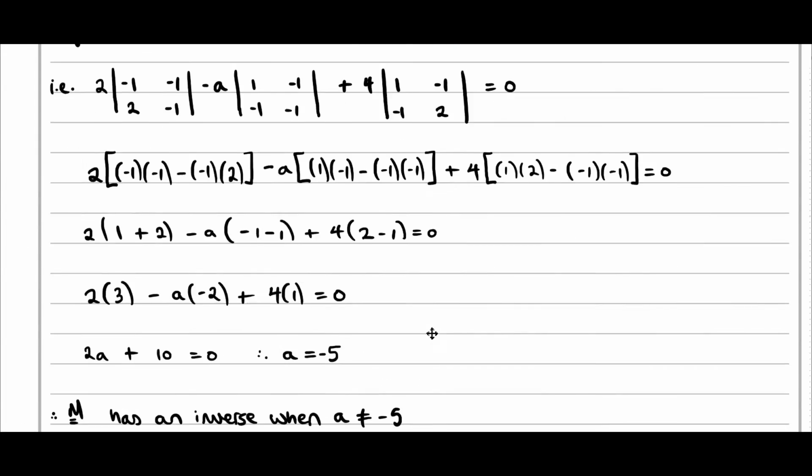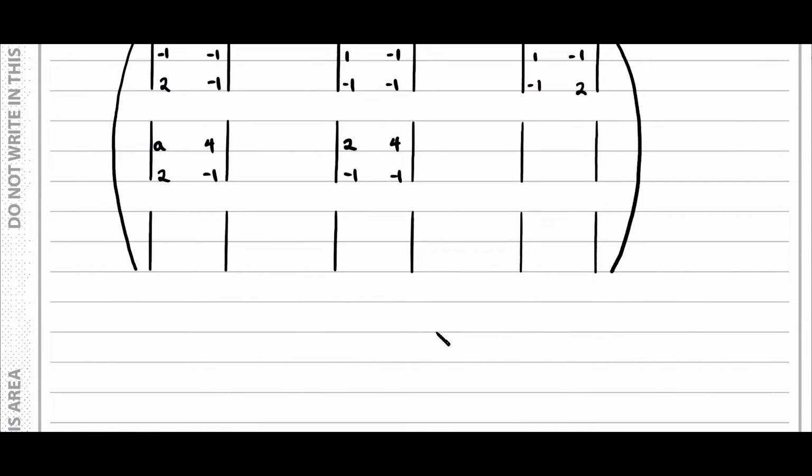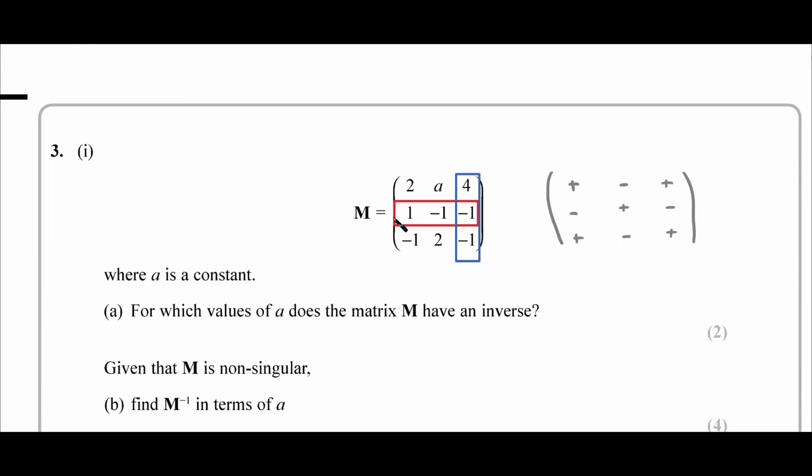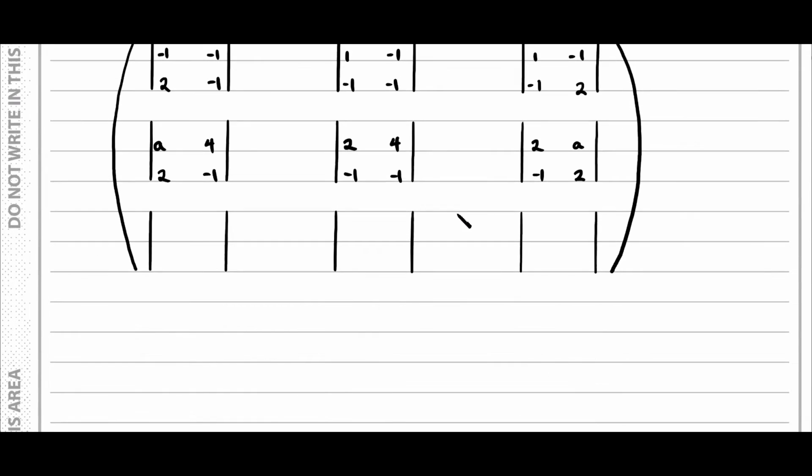So we have 2A minus 1, 2. And finally, for the final row, for this element, we have A4 minus 1, minus 1. So we have A4 minus 1, minus 1.